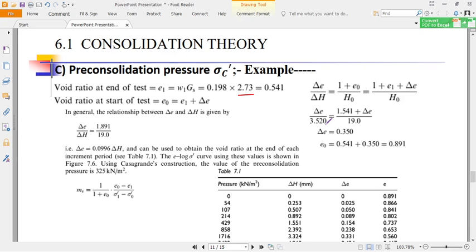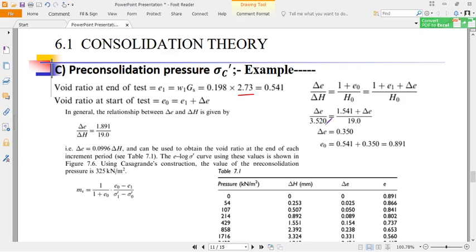Now for each increment, our purpose to get e is equal to e naught minus change in e. Is that clear? So our purpose is to determine change in e as you apply the loading.